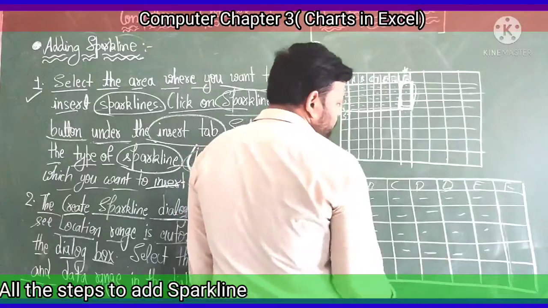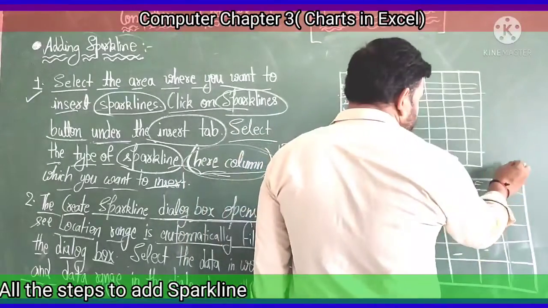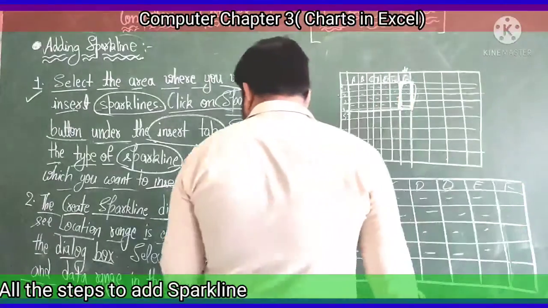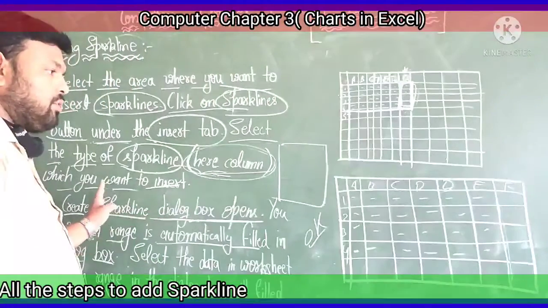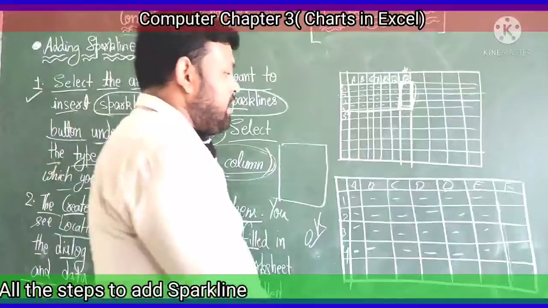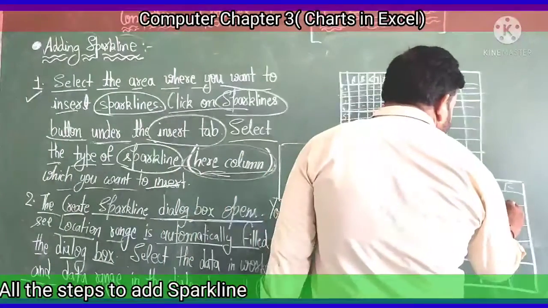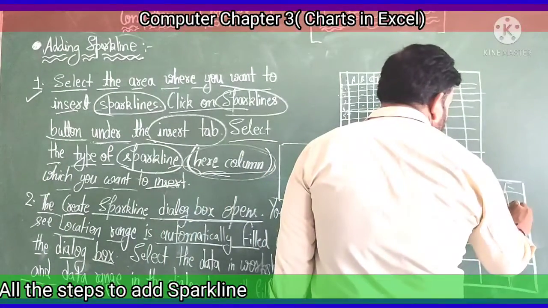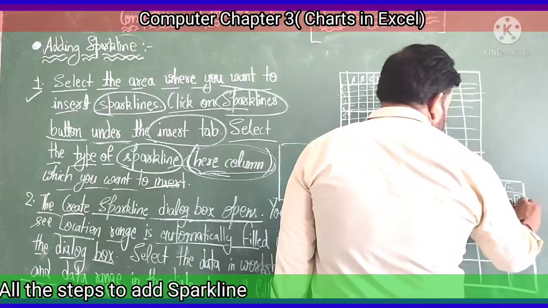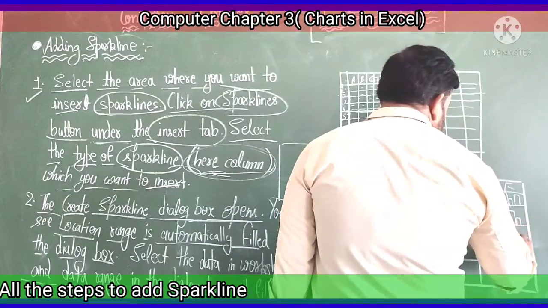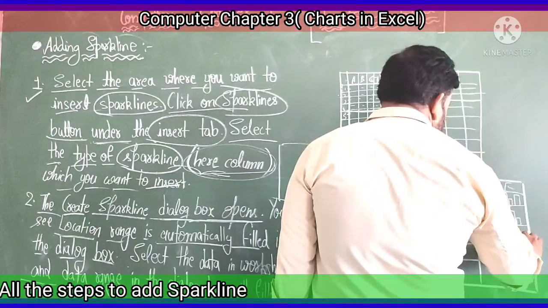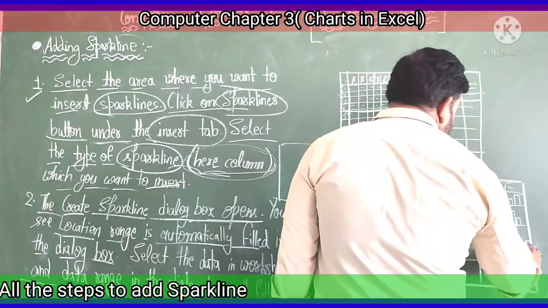If you want to create it here, first you have to click here and then the Sparkline dialog box opens. Your data will be selected automatically and a column chart is applied according to your data. Here you can see a visual representation of your data.